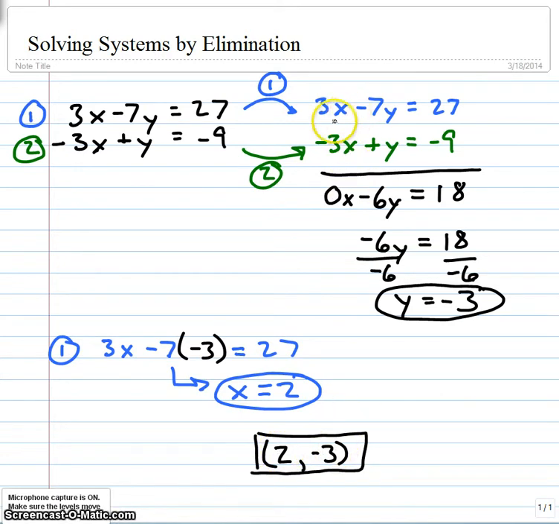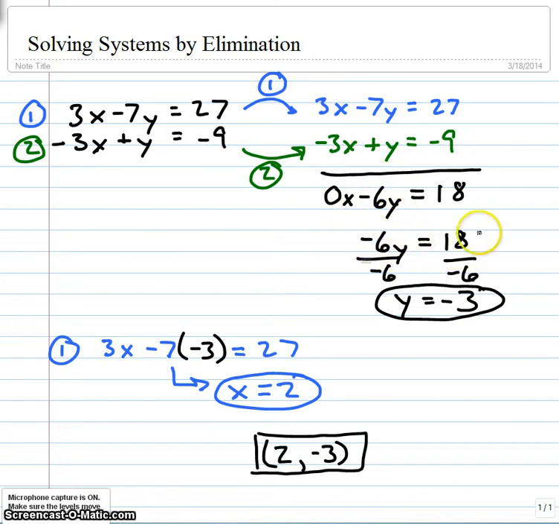Now let's take a look at what we actually did here. I had 3x minus 7y, so I have an x variable and a y variable, and this is just a constant term, so I don't really need to worry about adding any more variables here. What happened was when I added these guys, the x's dropped out, and all I have now is a y. I don't have to worry about x's.